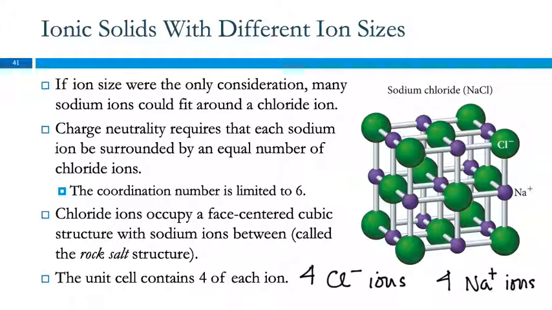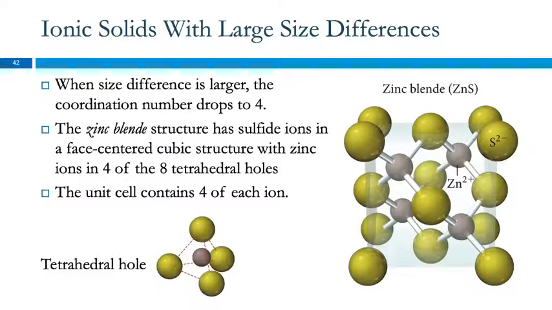That was a size difference between the cation and the anion. And then when we get an even bigger size difference, the coordination number is going to drop to 4. This is called the zinc blende structure. It's the structure that zinc sulfide takes on.